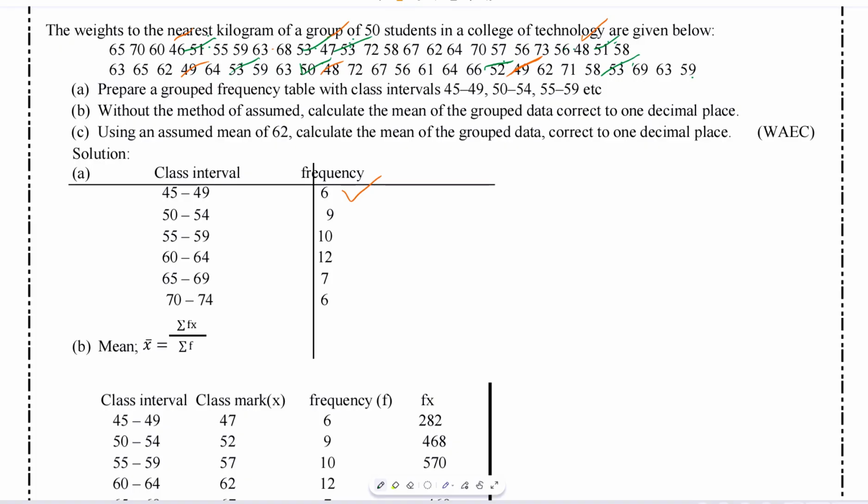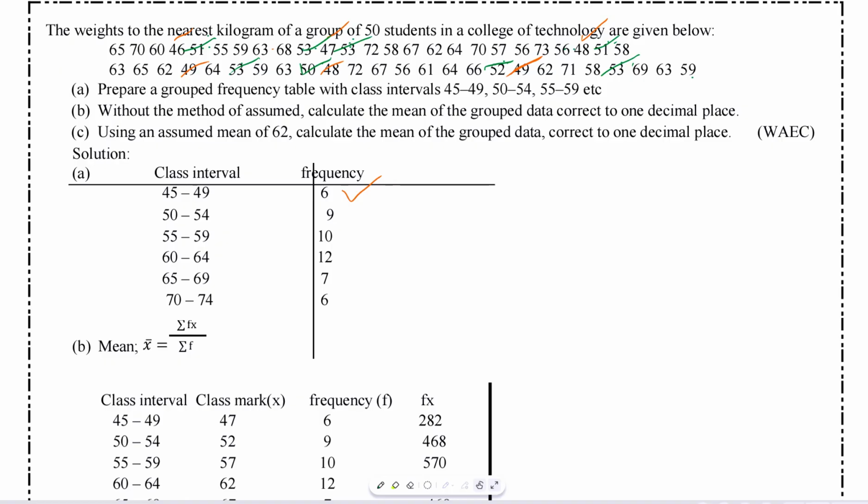Okay, 50 to 54. Let's look at it like this. Let me change this to just removable. So 50 to 54, that's what you are looking for. Okay, so I'm looking for 50 to 54.